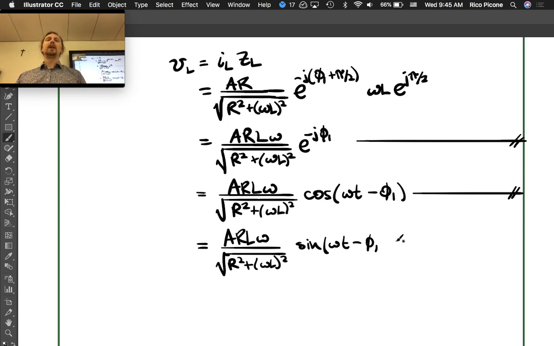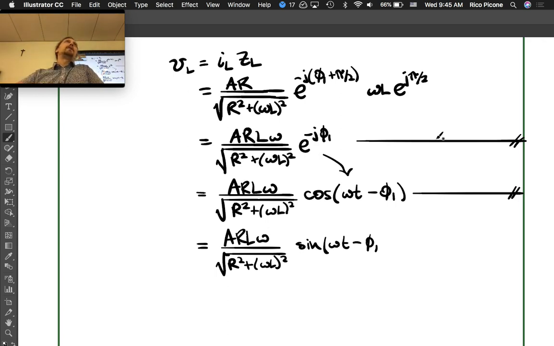And then is it plus? No, the cosine has a minus. Minus. No, in the cosine, because the original source is sine. But we were using the cosine form of the phasor, right? So when we converted it back, we could just use the cosine directly.